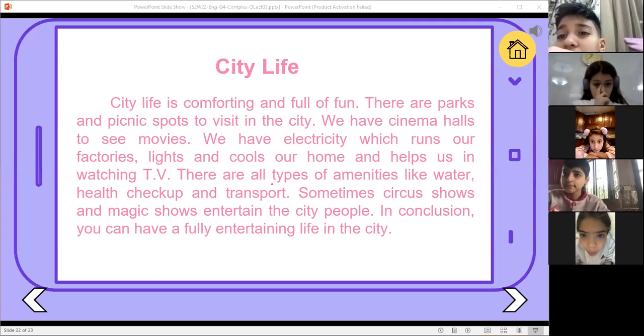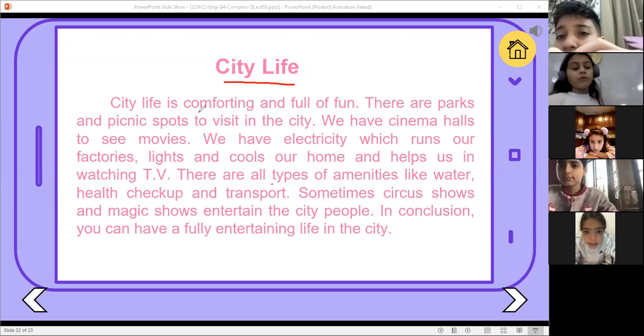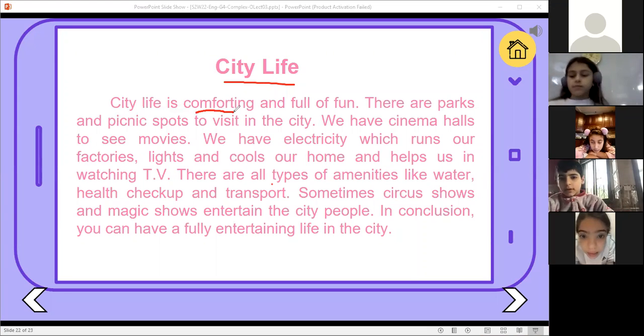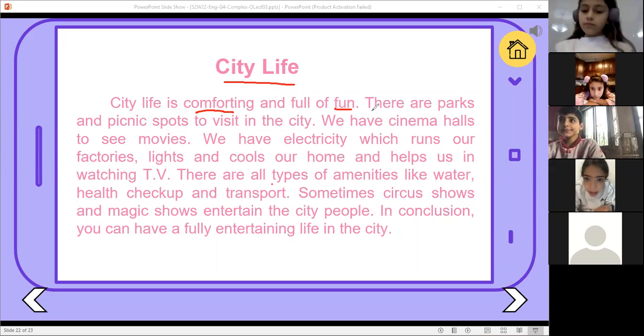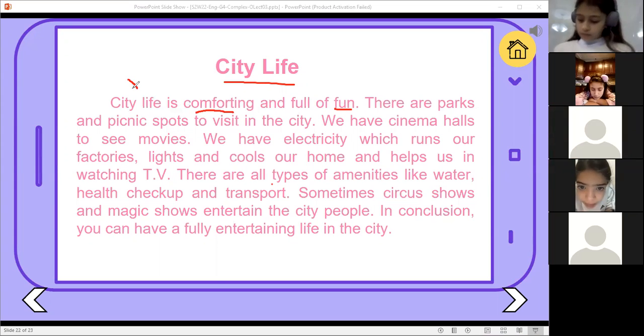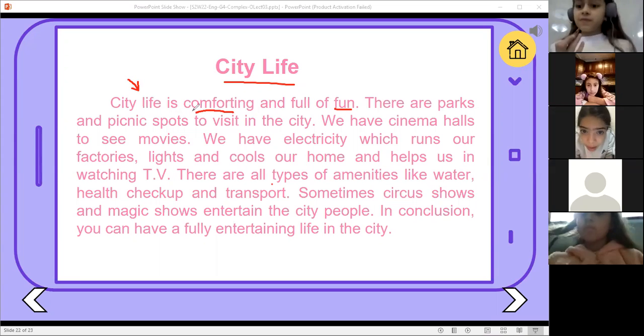City life is comforting and full of fun. Uh, this one is the author's opinion, huh? Some people may think city life is not fun because it's too noisy.